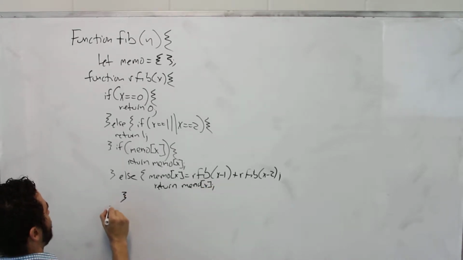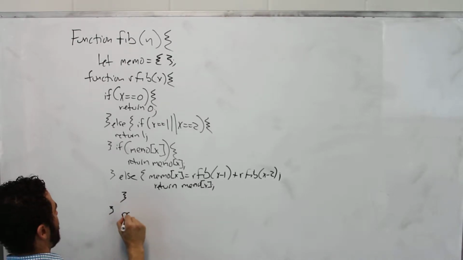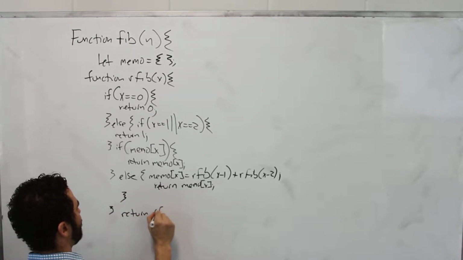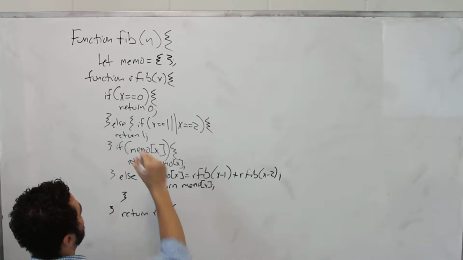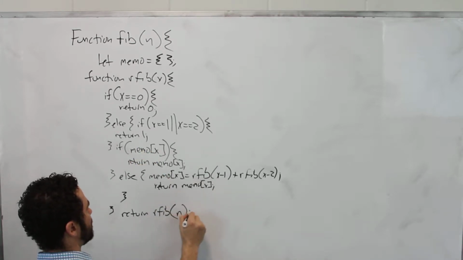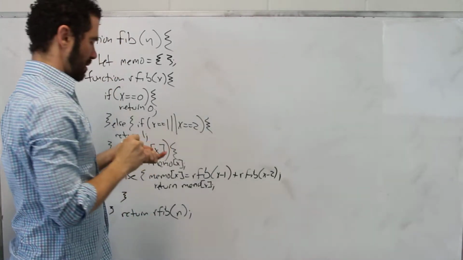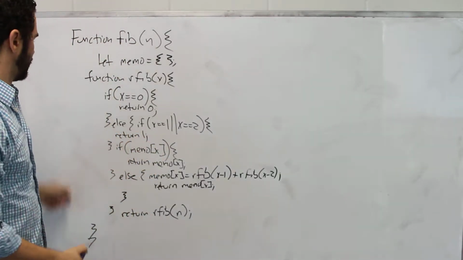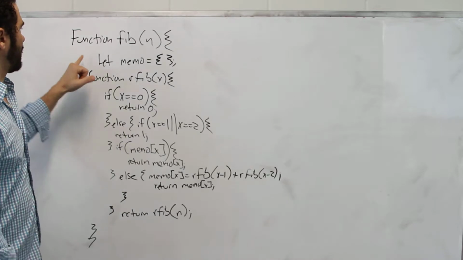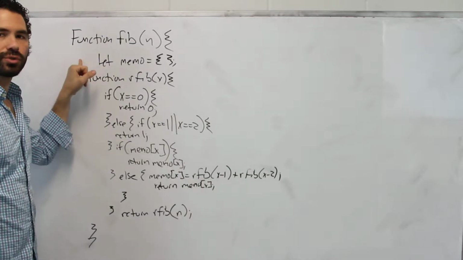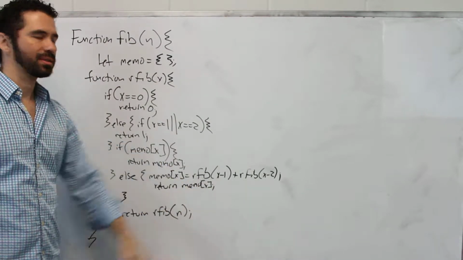We're going to close out of our inner function. And then here we're going to return our rfib, pass the parameter of n, and then close out of our main function. So there you go. This is our recursive Fibonacci. We have our open dictionary here that allows us to store values from our recursive calls.